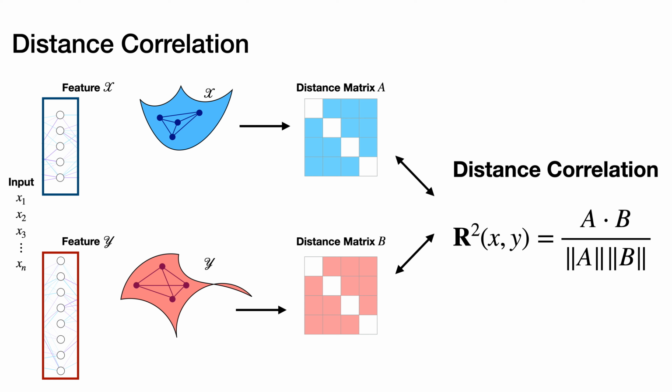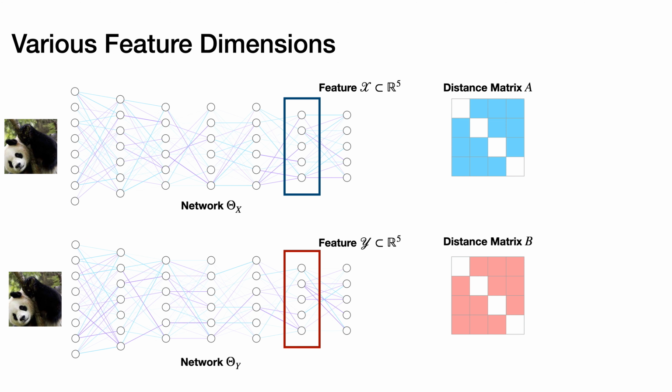A very interesting property of distance correlation is that it does not rely on the dimension of the variables, in this case, the 2 feature spaces. The dimension of the distance matrices only relies on the number of samples, and the dimensions of the variables are allowed to be different. That's great. When the 2 feature spaces are the same, distance correlation is, of course, well defined.